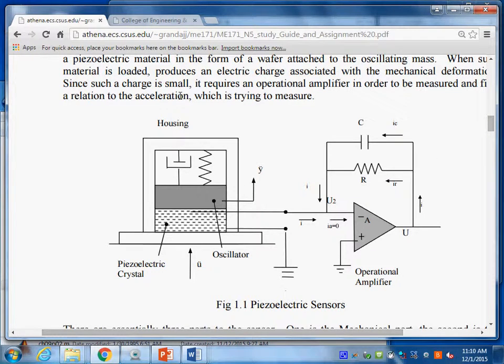We have this piezoelectric sensor, and we are going to measure it on this side. What to do? How to do this? That's our next challenge here. We need to build a model of the mechanical side, a model of the electromechanical transformation, and a model of the circuit.